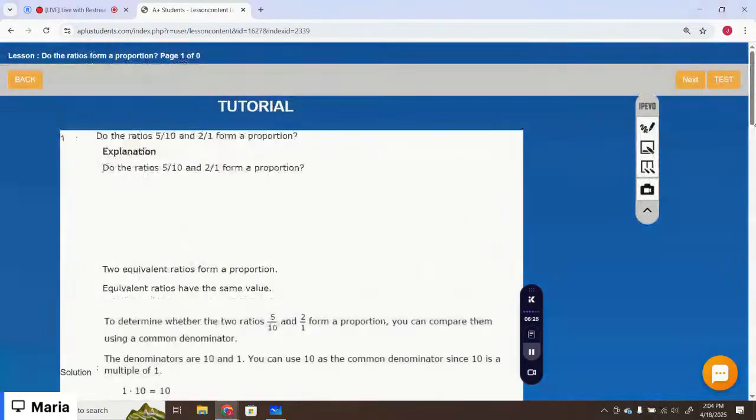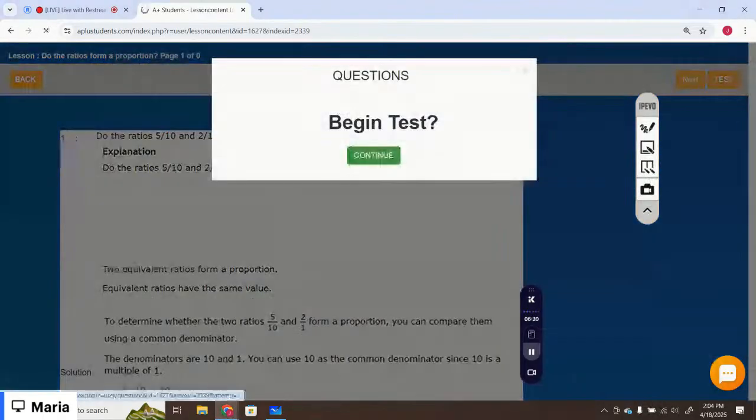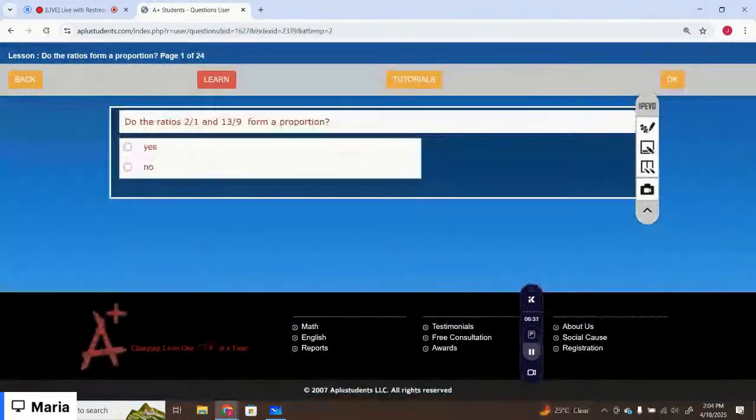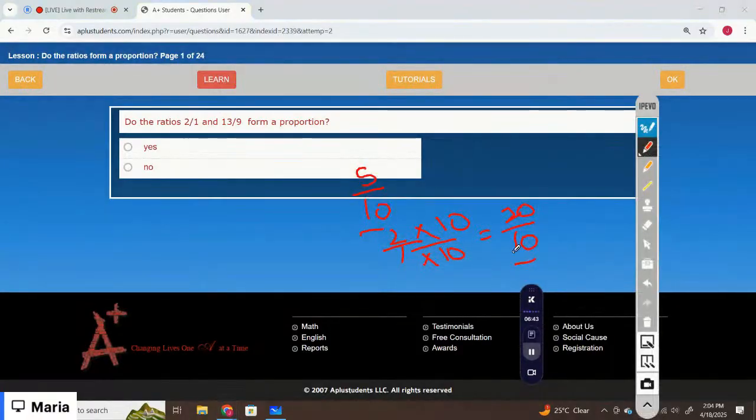Let's start with the test questions. Do the ratios 2 by 1 and 13 by 9 form a proportion? Let's make their denominators the same. The fractions are 2 by 1 and 13 over 9.